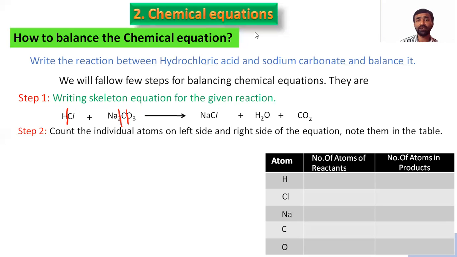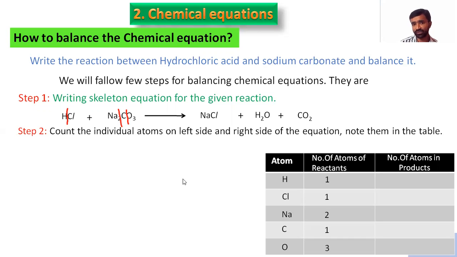Then checking the individual count of elements here, right? Hydrogen on the LHS, only one. Next, chlorine, LHS, 1. Sodium, subscript is there, 2. Carbon, no subscript, that means only 1. Oxygen, 3 is the subscript, so 3.